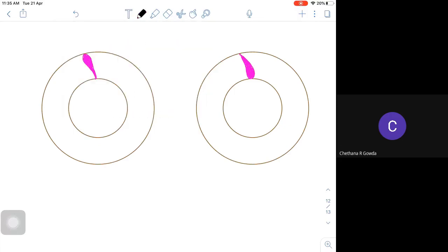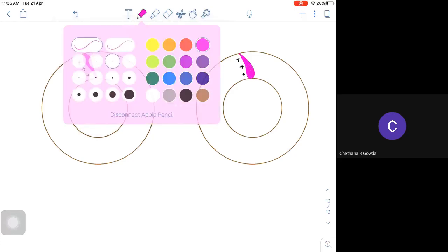Now, where is the pressure side? The pressure side is always your concave surface. So which is the concave surface here? This is my pressure side. Fine. So here, where is the pressure side? The pressure side is this particular concave surface. And which is my negative side? The negative side is always your convex surface.